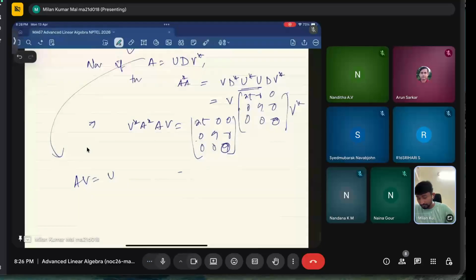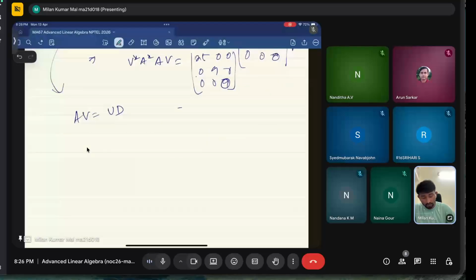So AV is equal to UD. U is actually equal to 1 by square root of 2, 1, 1, 1, minus 1, and D, right now I have to consider, this is 2 by 2, this is a 2 by 3 matrix. D is actually, okay, I have done an extra thing basically. 25, 0, 0, 0, 9, 0, this is what it is. 2 by 2, this is what it is.